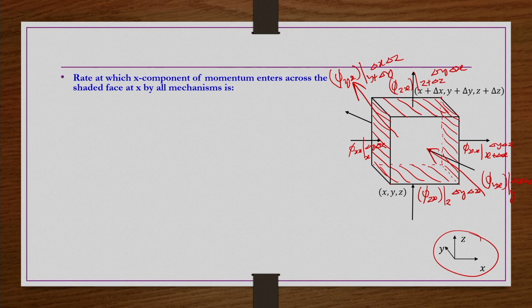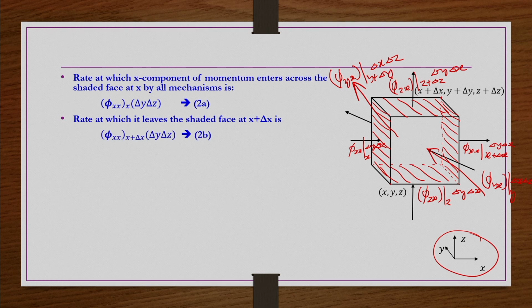So, the overall x momentum that is entering in all 3 directions and leaving in all 3 directions can be obtained by adding all these components. So, the rate at which x component of momentum enters across the shaded phase at x by all mechanisms is phi xx at x delta y delta z. The rate at which it is leaving at location x plus delta x is phi xx at x plus delta x multiplied by delta y delta z.